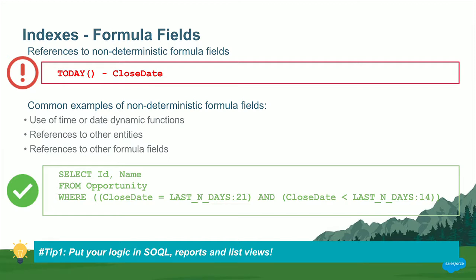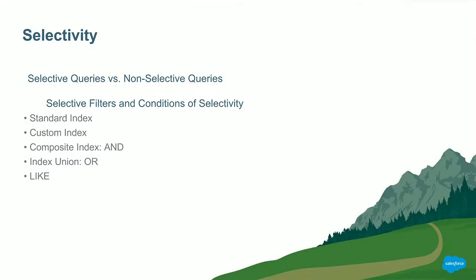Instead of embedding your logic in a formula field to use later in a WHERE clause, try to embed your logic in your queries, in your reports, and in your list views. For example, instead of using the TODAY function here, we can use the LAST_N_DAYS function and compare it with the close date. In that case, we can use, for example, the standard index close date, and we can execute our query efficiently.